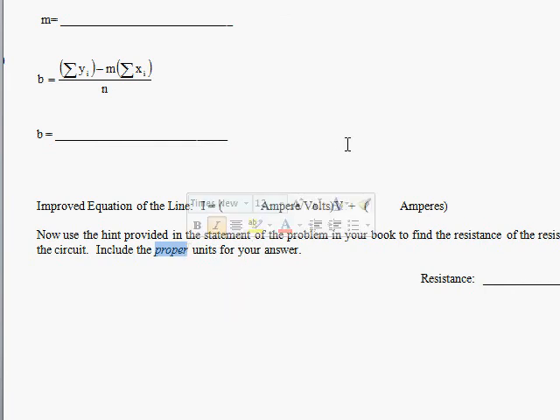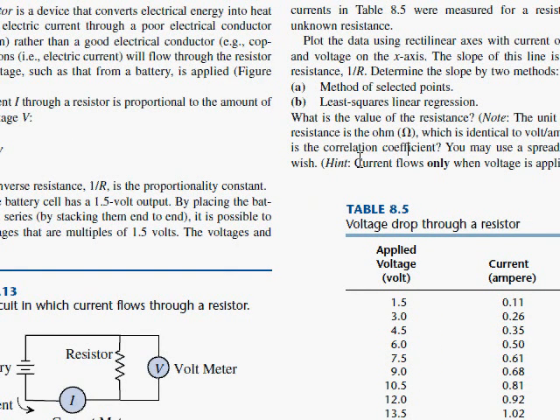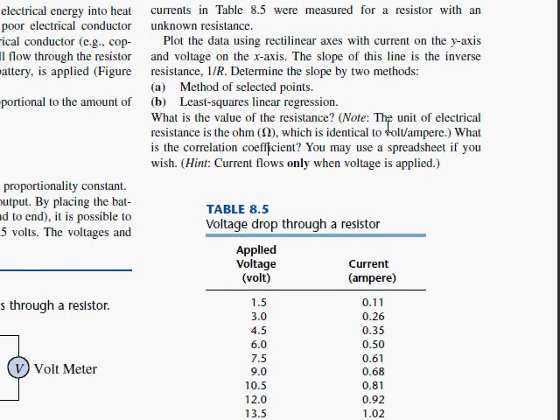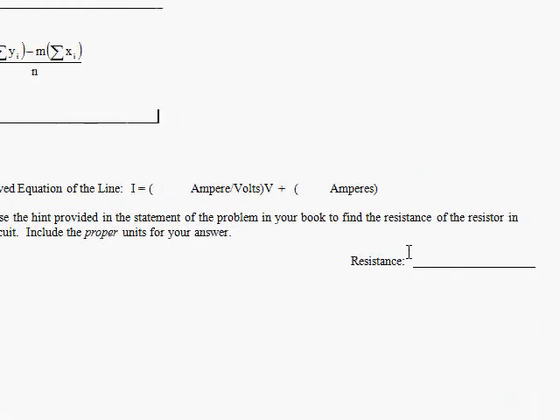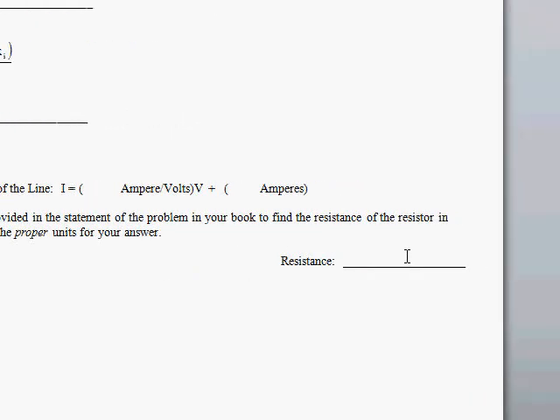Now if you take the reciprocal of these units here, you get a volt over an amp. Now a volt over an amp, let's see if that's given in the hint. Yeah, here it is. Note, the unit of electrical resistance is an ohm. A volt over an amp. So make sure that you put a numerical value right here, measured in ohms.